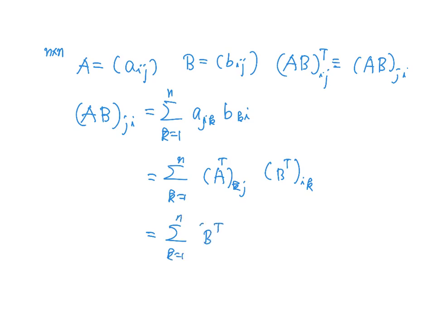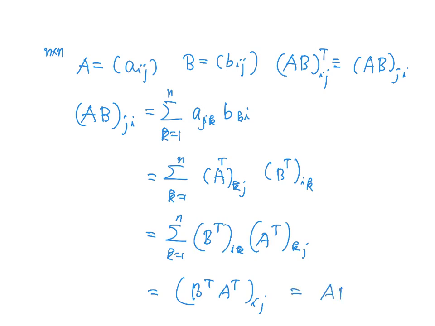B transpose ik, A transpose kj. So this is actually the definition of multiplication, (B transpose A transpose) ij, right? So this turns out to be B transpose A transpose ij.